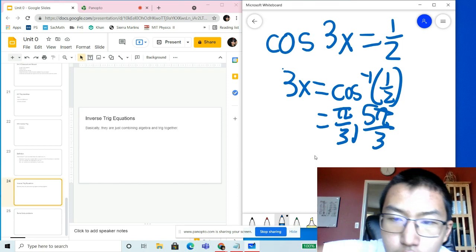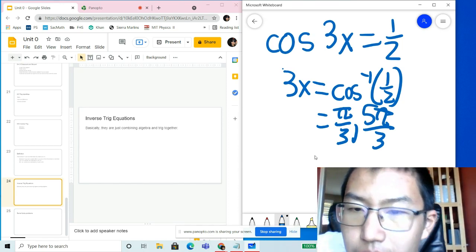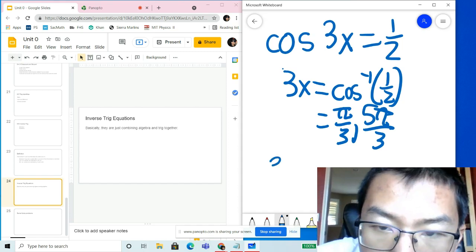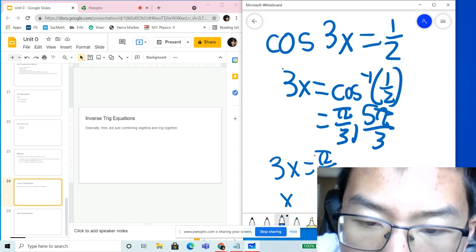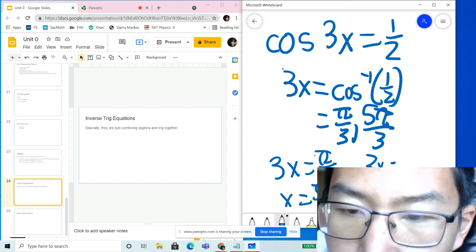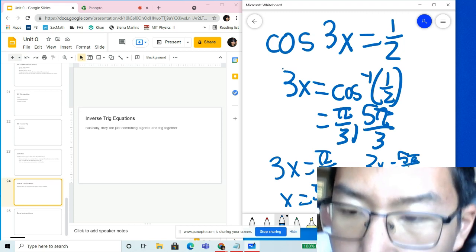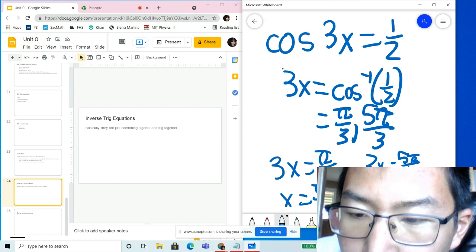When you get 2 solutions for cosine, they must add up to 2 pi. Now we do 3x equals pi over 3, and x is pi over 9. 3x equals 5 pi over 3, and x is 5 pi over 9.